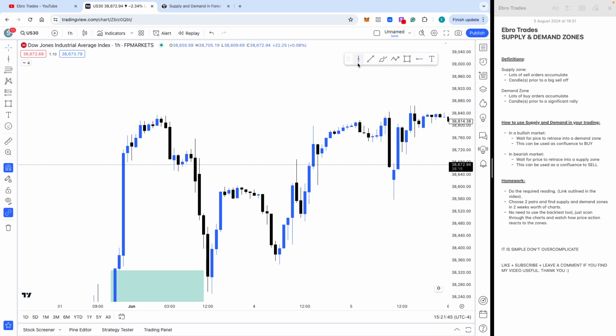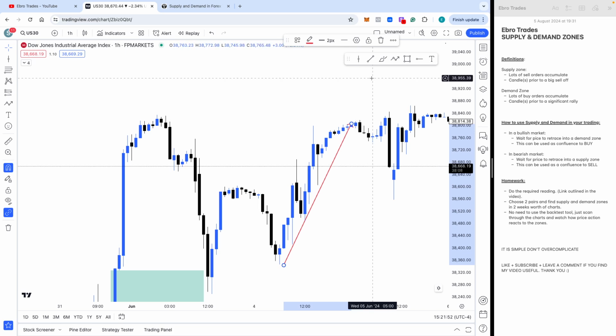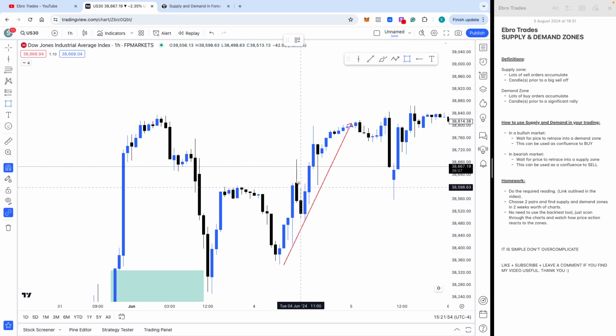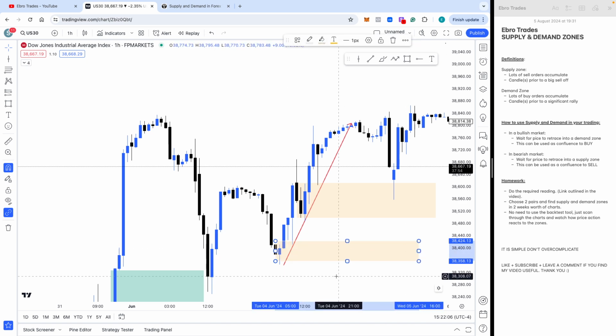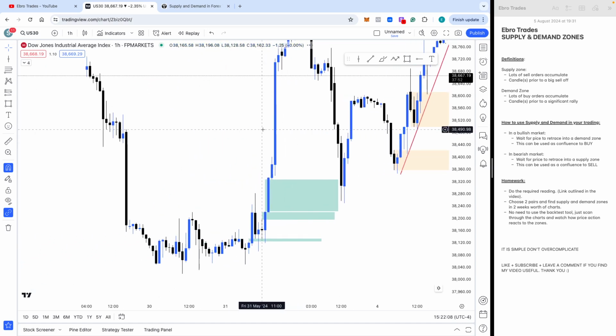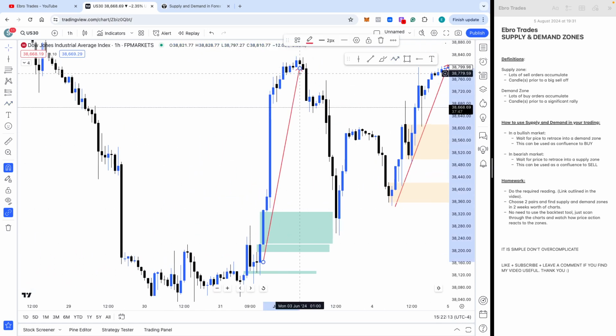But let's say here, we've got a big rally. And so we could say that this over here is a demand zone. Excuse me. This is a demand zone. We could say that this is a demand zone. Okay, let's look again. Oh, okay. We see a massive rally over here, right?